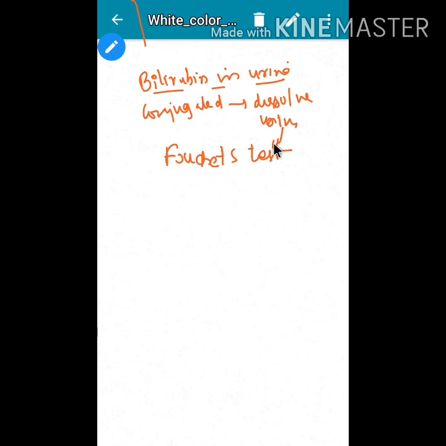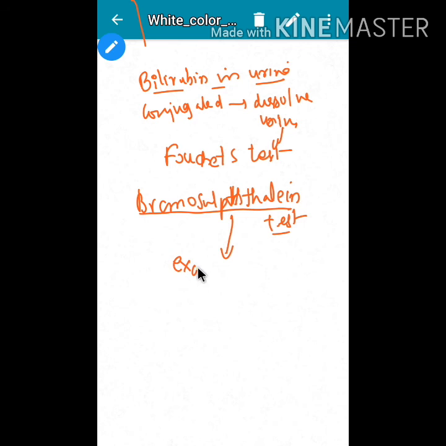And the last test in secretory function is bromsulphthalein test. Here this bromsulphthalein is exclusively excreted by the liver.